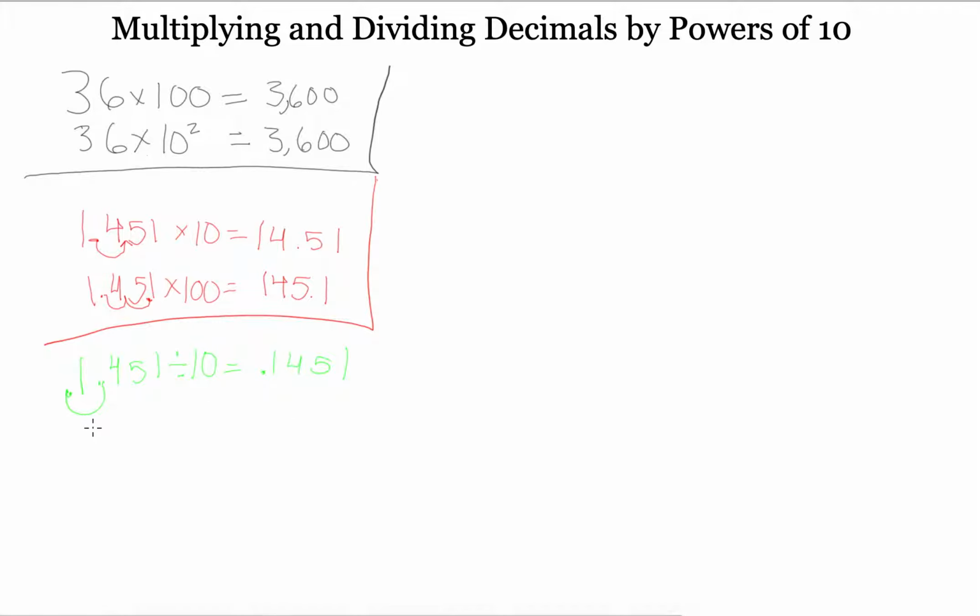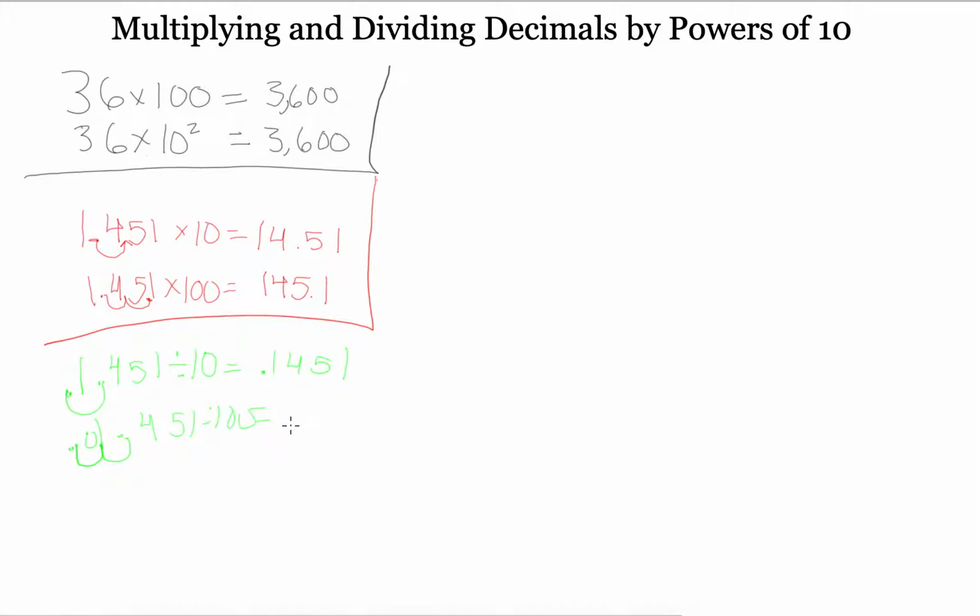Okay, so if we do the same number, 1.451 divided by 100, we have to move the place value twice. So we'd move that decimal point not once, but twice. This is where our decimal point would be, so we have to add one placeholder here.